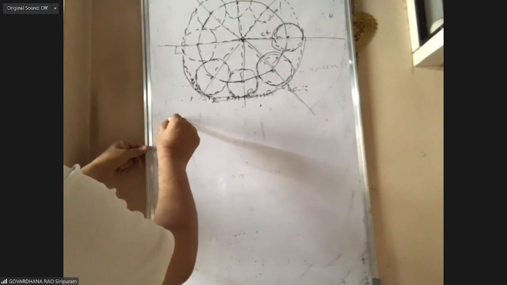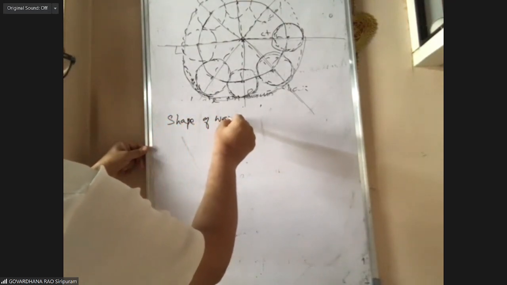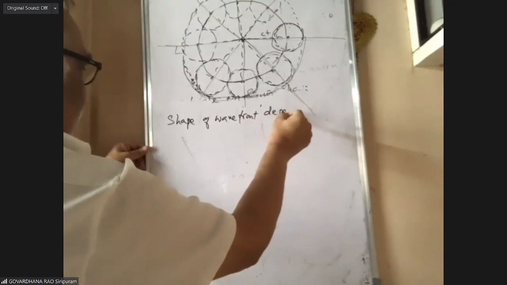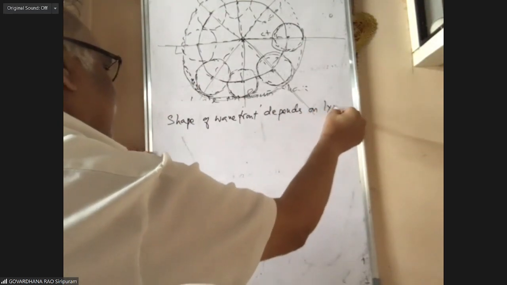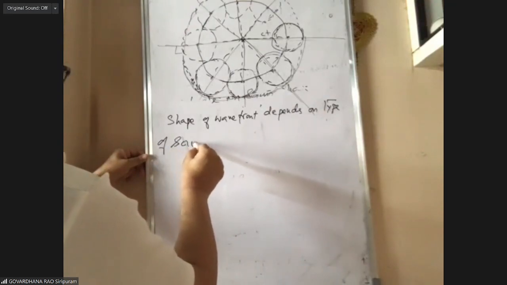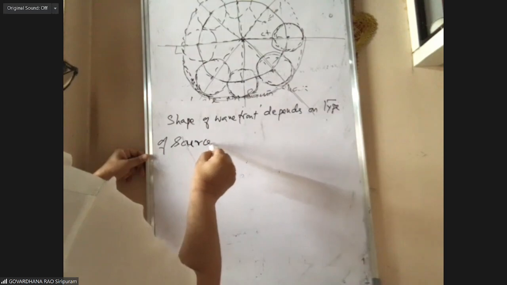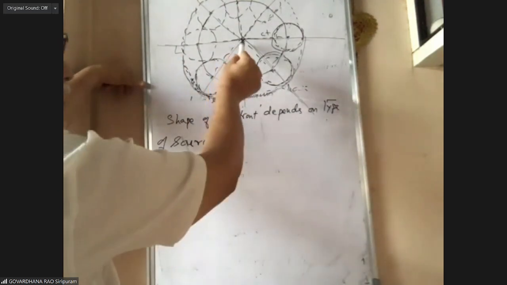Next, shape of wavefront. Shape of wavefront depends on type of source. Okay. So this is a point source.